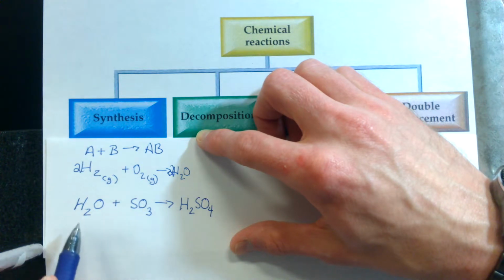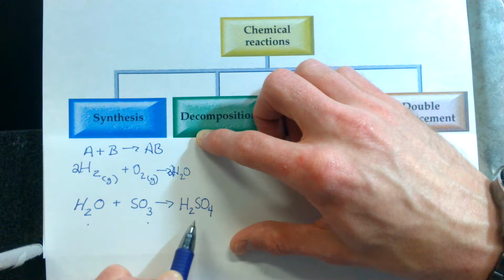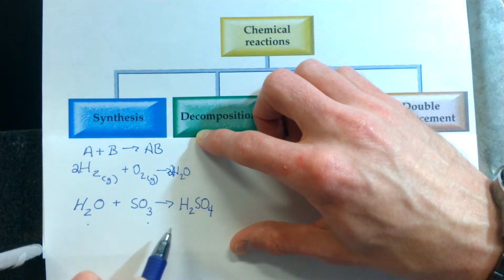Again, here is your A, here is your B, and they come together, AB, to make a larger compound with new chemical and physical properties.